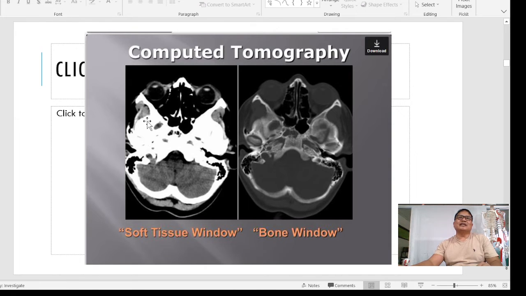This is the maxilla, zygomatic area, temporal, auditory meatus, because this is the bone window. So to check if your bones are intact. So these are facial bones. Why are some parts dark? These are not cavities actually.